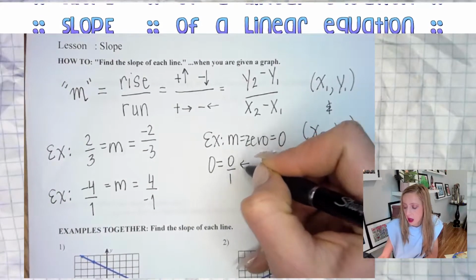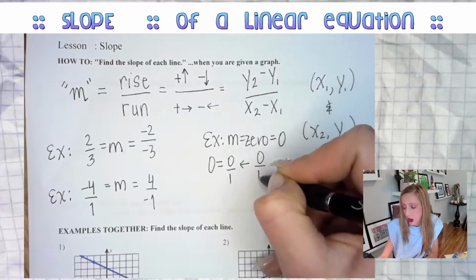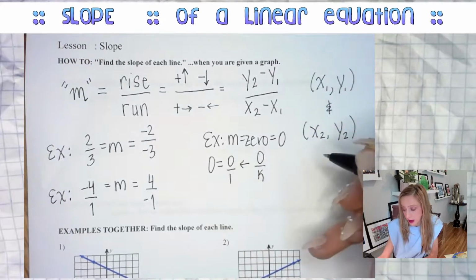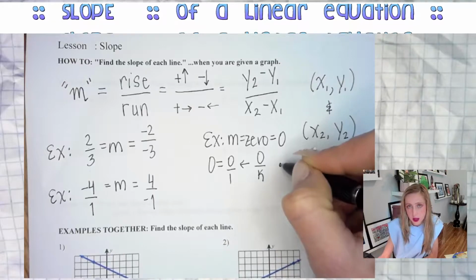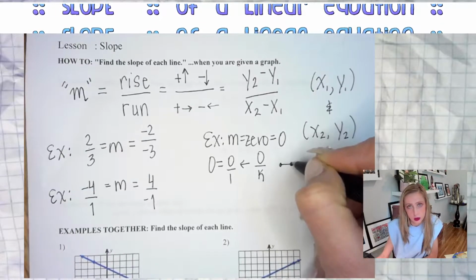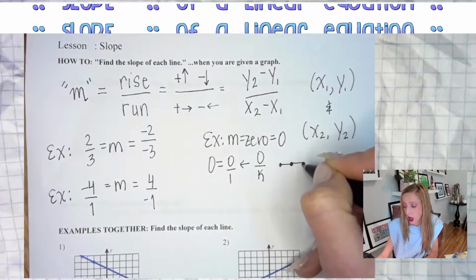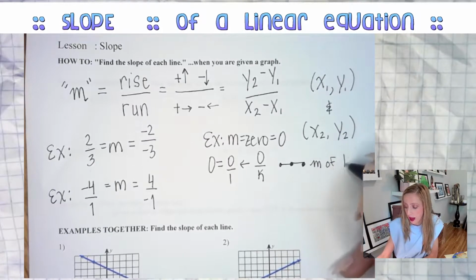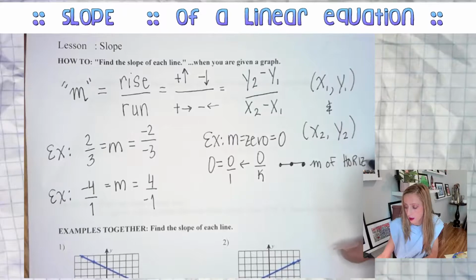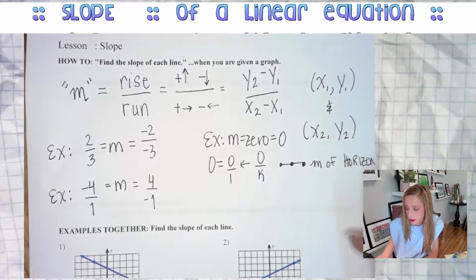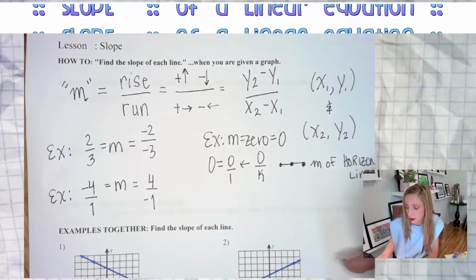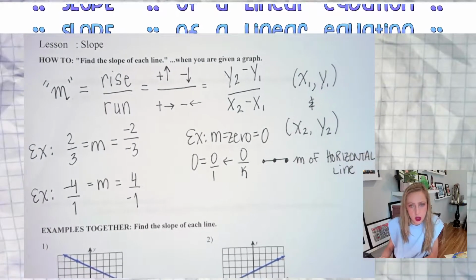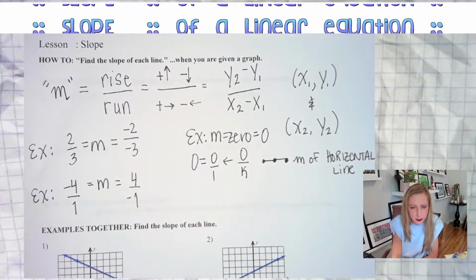If you have 0 over a number, that's okay, and it equals 0. So you rise 0, run 1. That is the slope of a horizontal line. Okay, so we want to make sure that we write that down, okay?